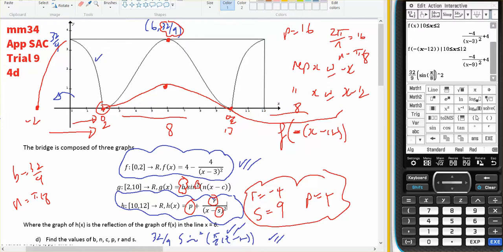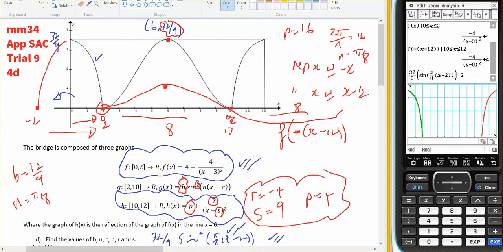And then I've got a bracket, and in there I've got x minus 2, and then I want to close that bracket. And if I open up my graphing window and I want to put a restriction, I want to give that x going from 2 to 10. And if I copy all of that, drag and drop, bingo, exactly as I expected.